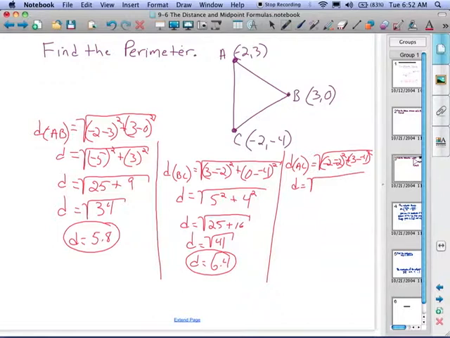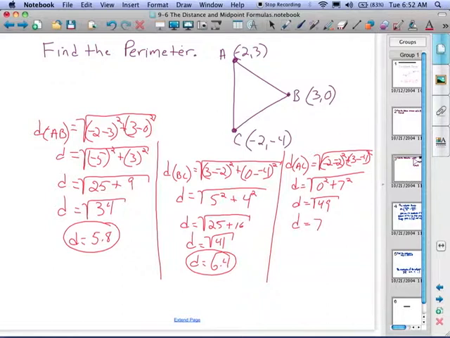Simplifying inside the radical symbol, -2 minus -2 leaves us with 0 squared, plus 3 minus -4 leaves us with 7 squared. That's going to be the square root of 49. So that distance is going to be 7 units.